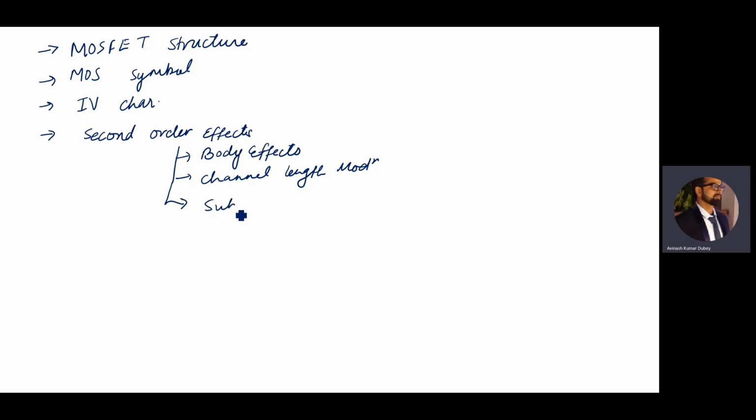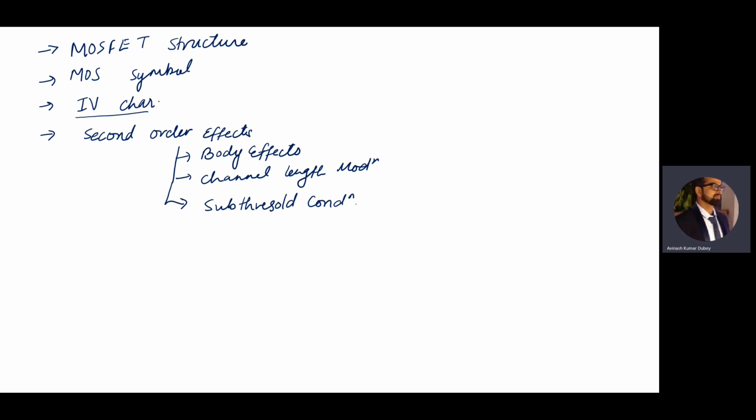subthreshold conduction. So these three are the second order effects. What are these second order effects? Generally we study the IV characteristic in the first order, for simplicity.